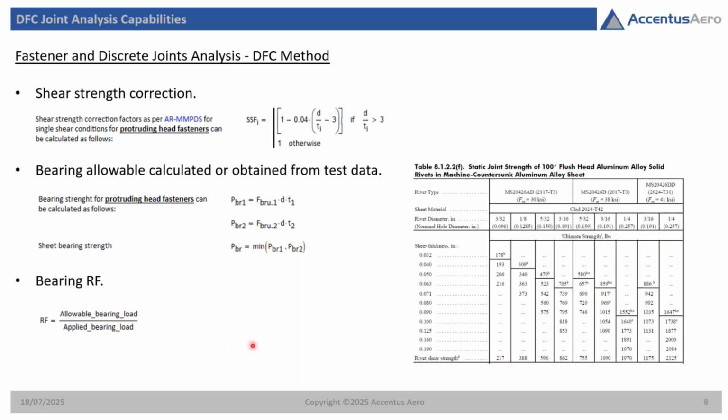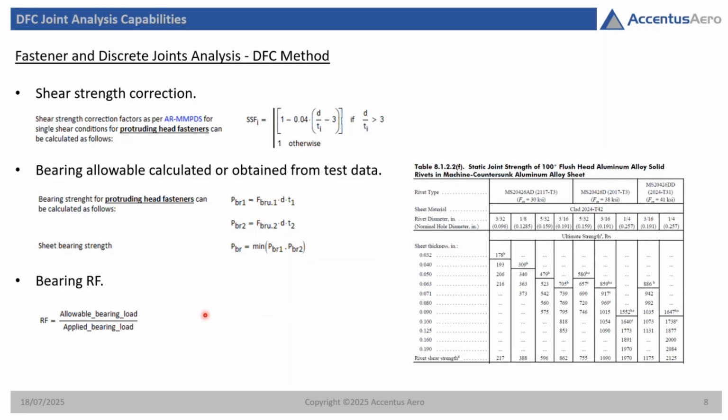In terms of the other things, for the shear strength we apply a shear correction factor as per the ARM MPDS, typically driven by the diameter of the fastener and the thickness of the joints. Typically, when joints contain sheets that are thin, that normally reduces your shear allowable for the fastener. So we take all of that into account.